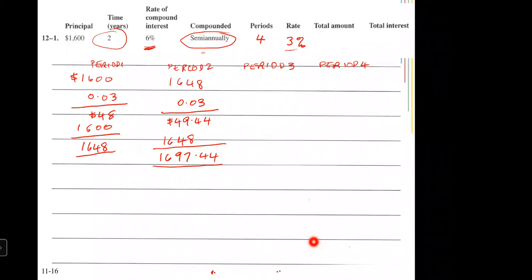So now when we go to period 3, which is the beginning of year 2, our new principal is going to be 1,697.44. And we're going to find 3% of that. $50.92.